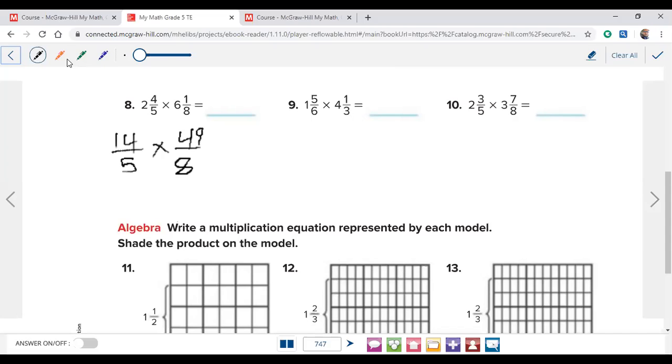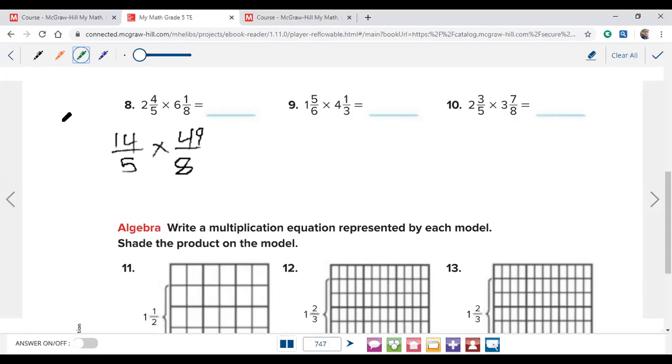Okay, as we learned before we go to multiply fractions, check if you have any common factor between numerator and denominator. Here I have 14 out of 5 times by 49 out of 8. Is there any common factor between numerator and denominator?